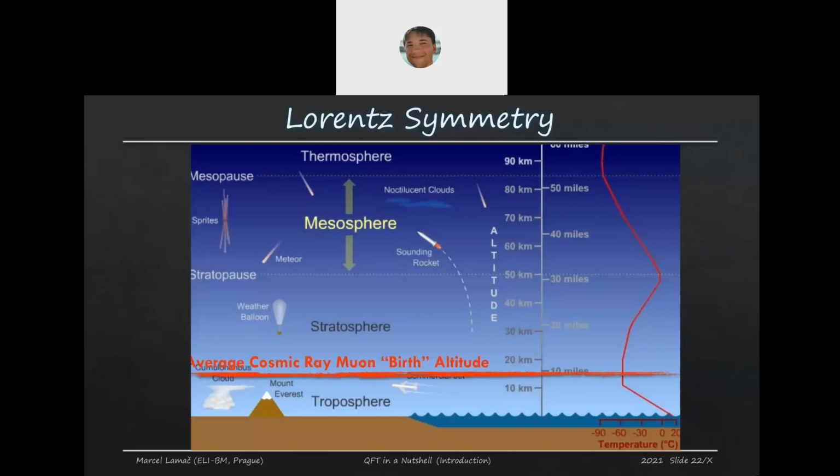If you calculate the decay lifetime from some theory, or measure it in a laboratory, you would see that in the rest frame the muon has a decay lifetime of something like 2.2 microseconds.